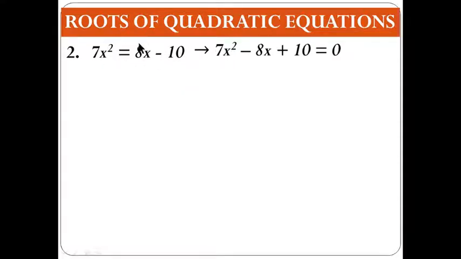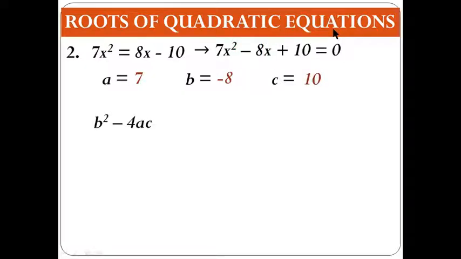So, yung positive 8x natin, transpose it to left side, magiging negative 8x. Yung negative 10, i-transpose sa left side, magiging positive 10. So, dito na tayo sa itong naka-standard form na kukunin ang values of A, B, and C. So, yung ating A is 7, B is negative 8, and C is positive 10.